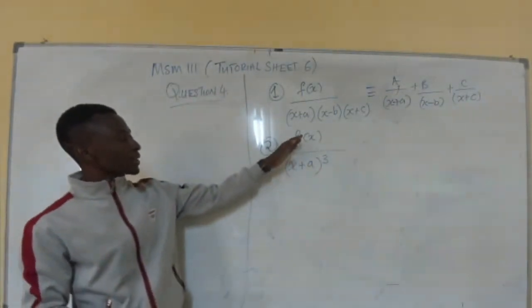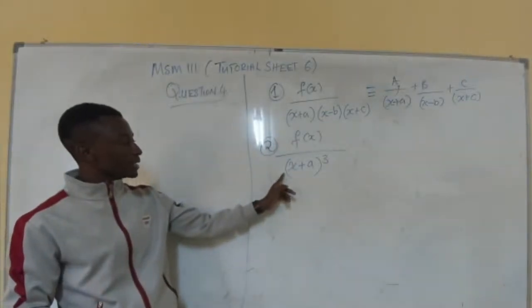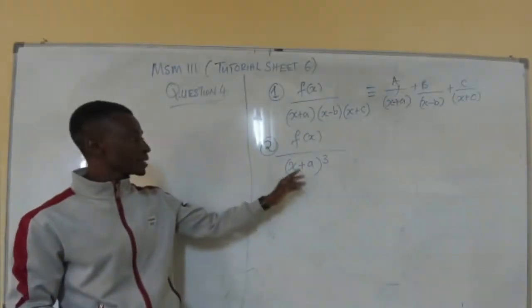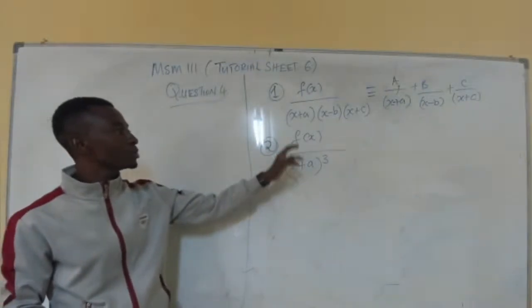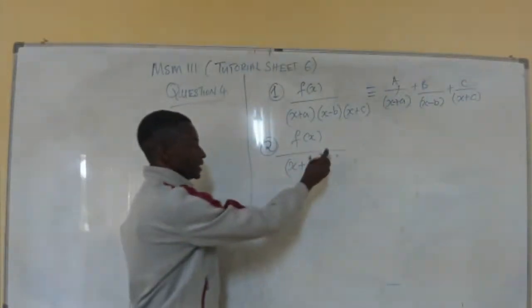given an expression with a denominator containing repeated linear factors. If you want to resolve this into partial fractions, this can be done like this.